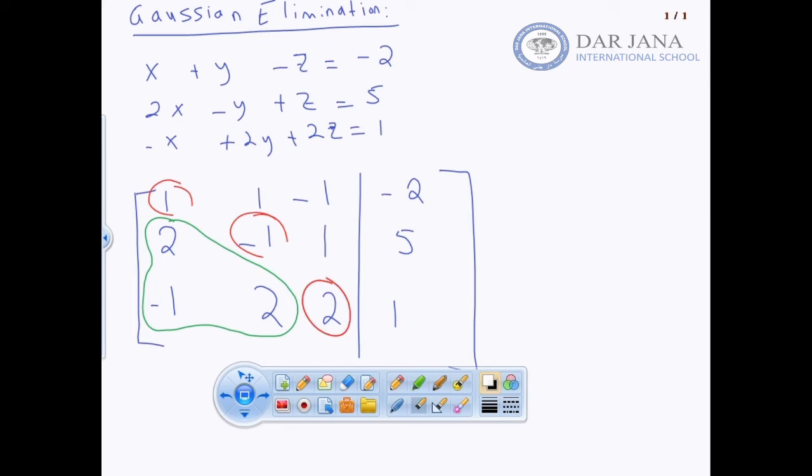So I need to convert the 2 and -1 to zeros, and 1, -1, and 2 to ones, using the elementary row operations.